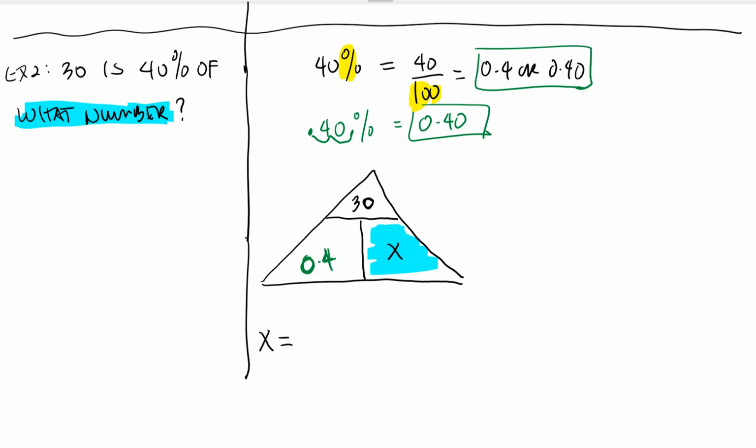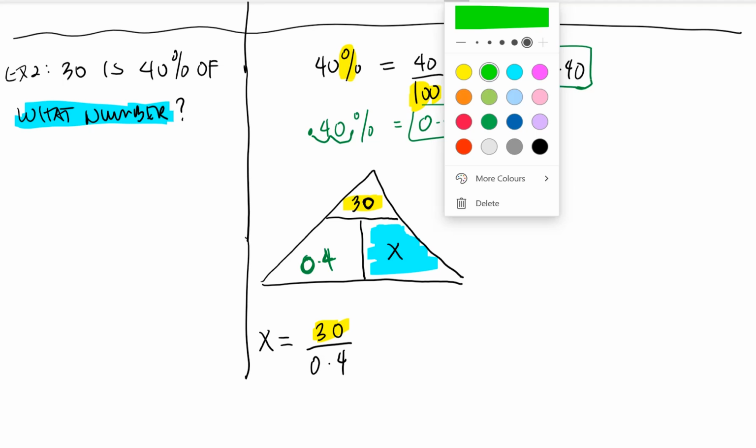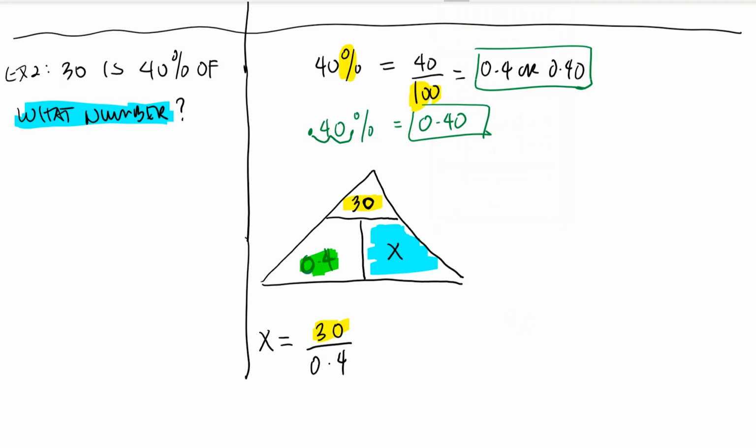That operation is the same thing as division, or you will get 30 all over 0.4. So again, 30 is the top portion, and 0.4 is the lower part. So therefore you have 30 over 0.4, which is just the same thing as 30 divided by 0.4.